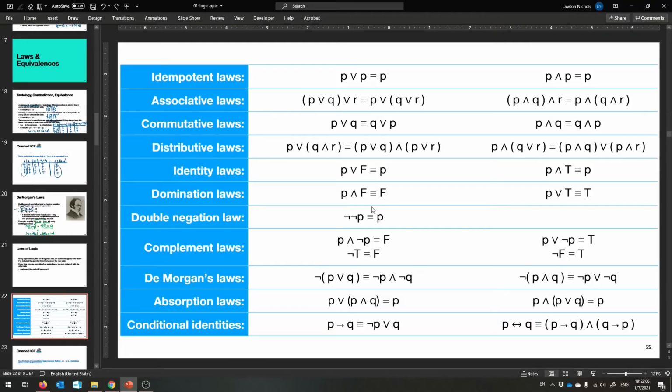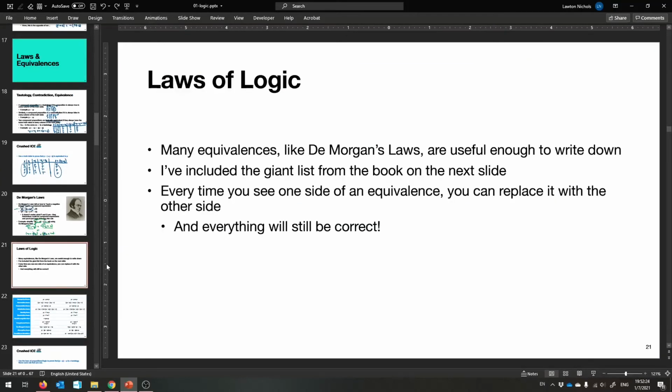Let me show you that you don't actually need a conditional to have a conditional, if that makes any sense at all. P implies Q, or if P then Q, is logically equivalent to just not P or Q. Weird, huh? So let me prove that to you. So this is a very useful law to use because it shows that you only ever need not, or, and and then you can make whatever you want.